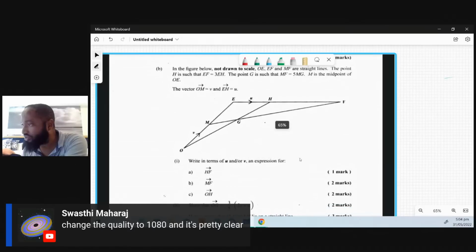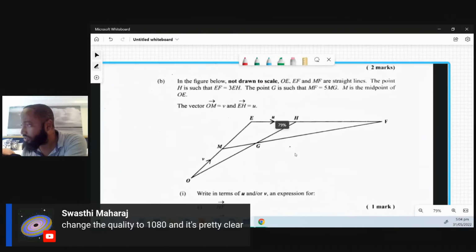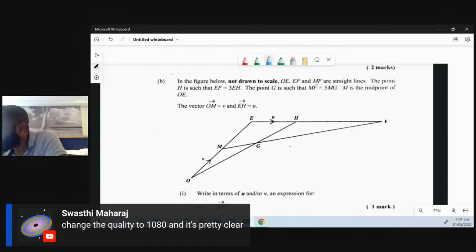So in the figure not drawn to scale, OE, EF and MF are straight lines. You're finding vectors questions from hell, boy. Oof. Point H is such that EF is 3 times EH.